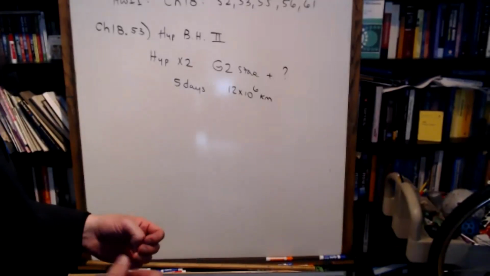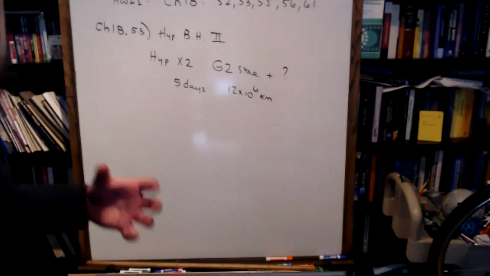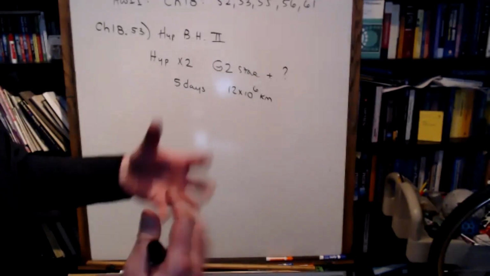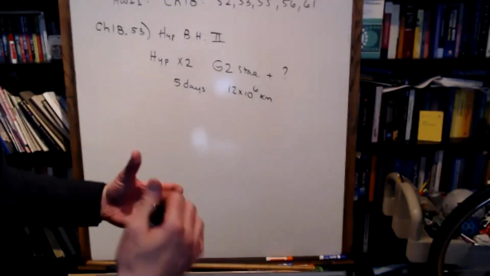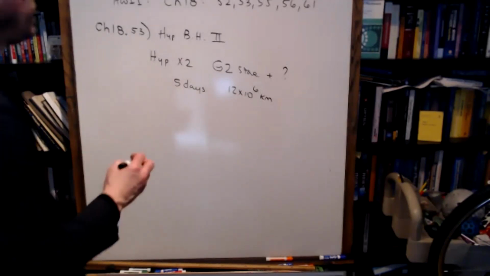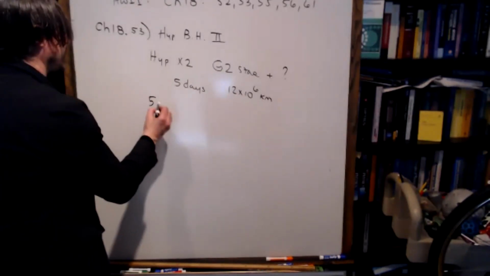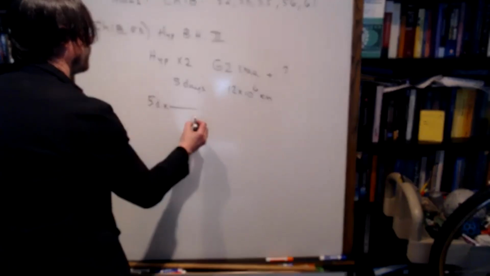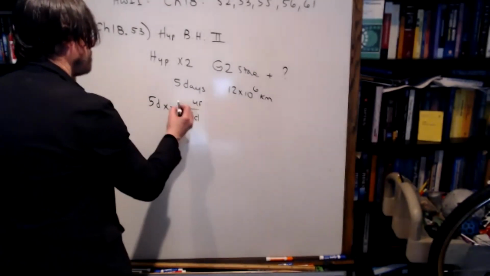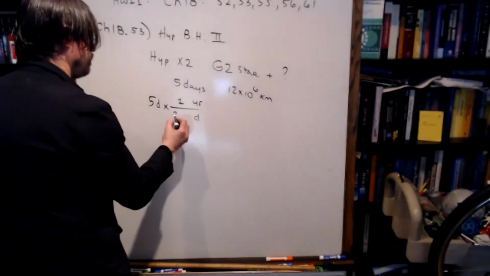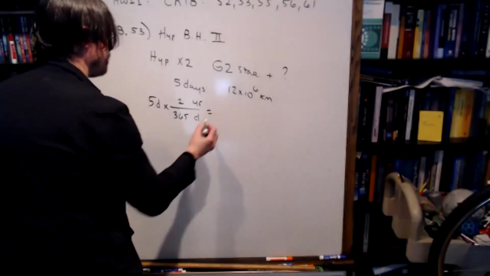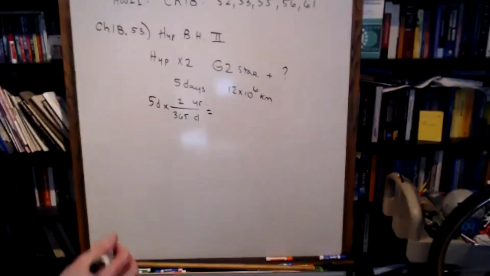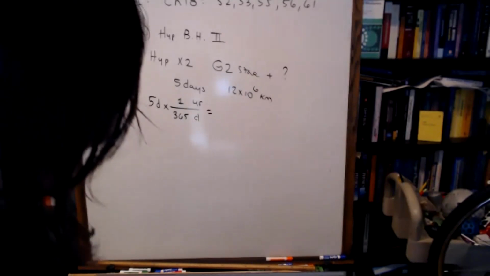Just like Tim knew about Cygnus X-1, this is walking you through the basic background of how they determined it was a black hole there. So let's do the same calculation again. We have 5 days. We're going to convert that to years. That should be about the same, shouldn't it? Wait, were the periods the same?